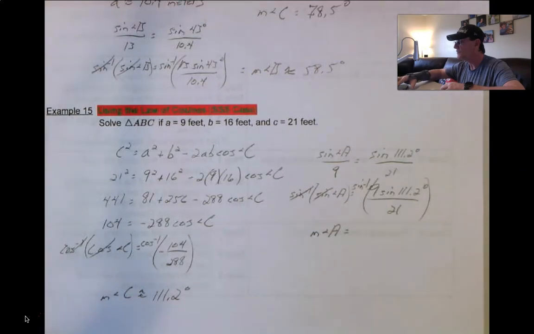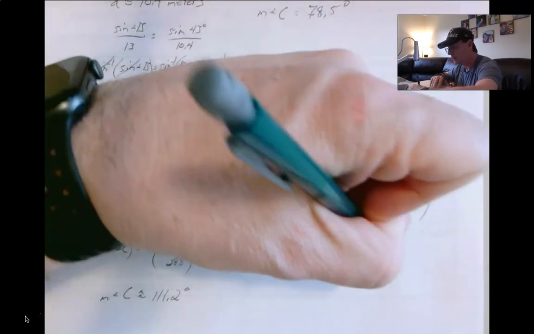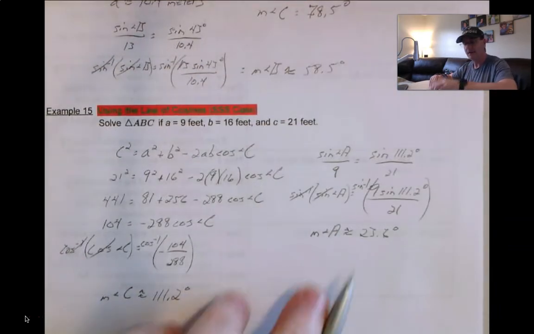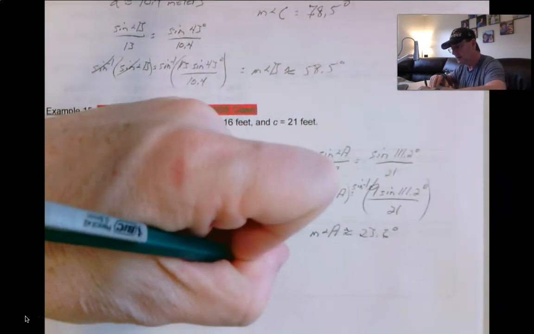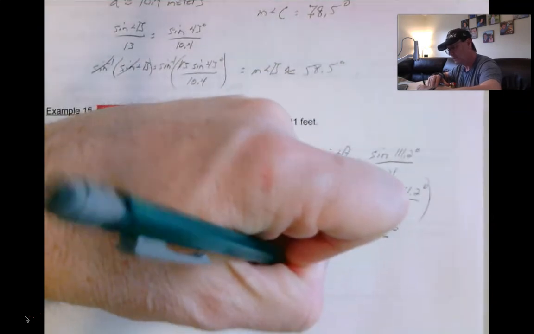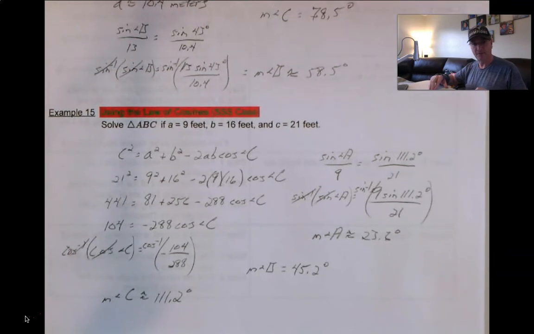Inverse sine of that, and I get approximately equal to 23.6 degrees. Got angle C, I have angle A, I need angle B. By subtracting from 180, 180 minus 111.2 minus 23.6 gets me 45.2 degrees. There's my 3 missing pieces for example 15.